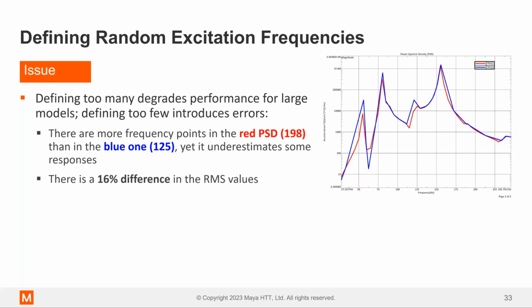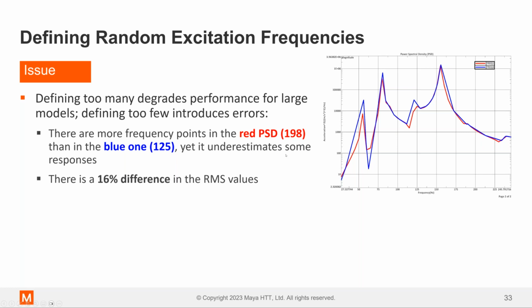In addition, in this example, the red PSD has 198 excitation frequencies selected. These are the points that the random vibe is going to analyze at. The blue one has 125.